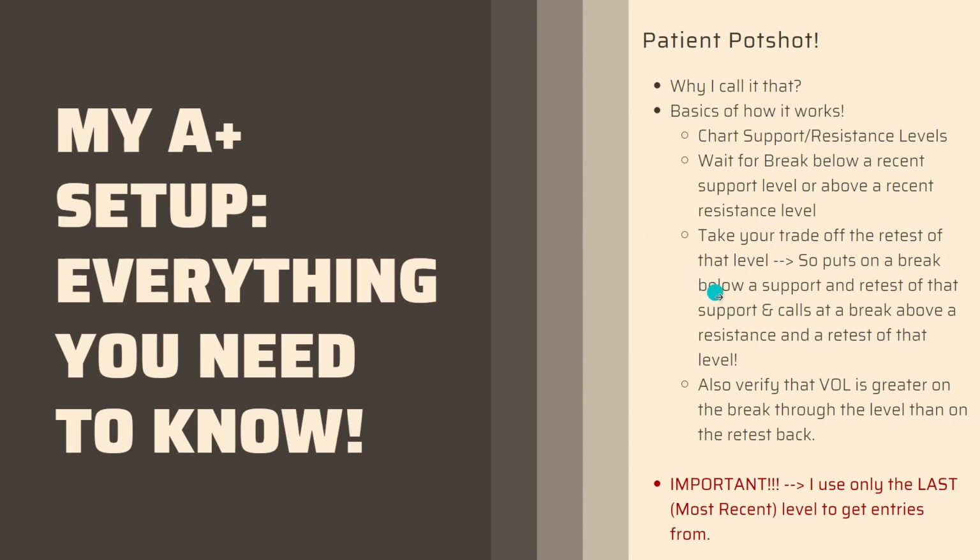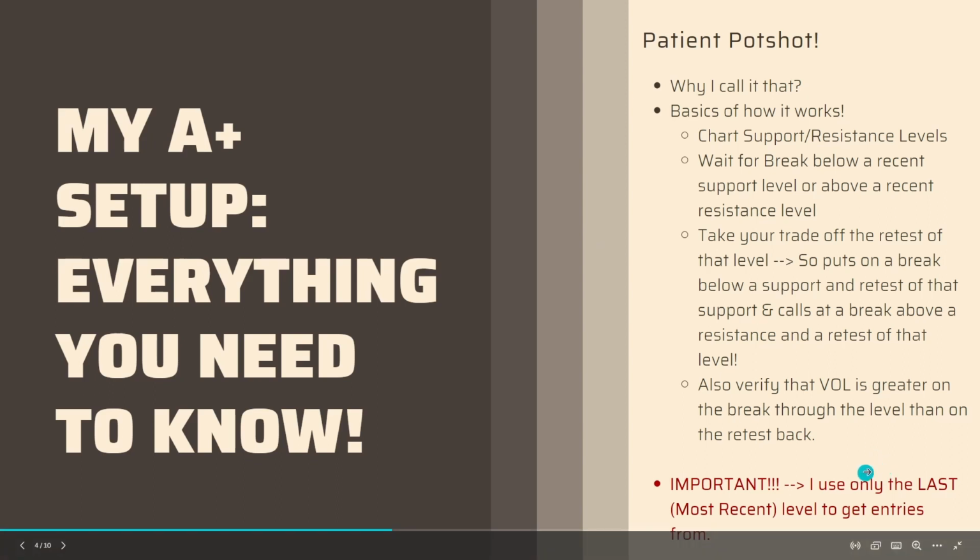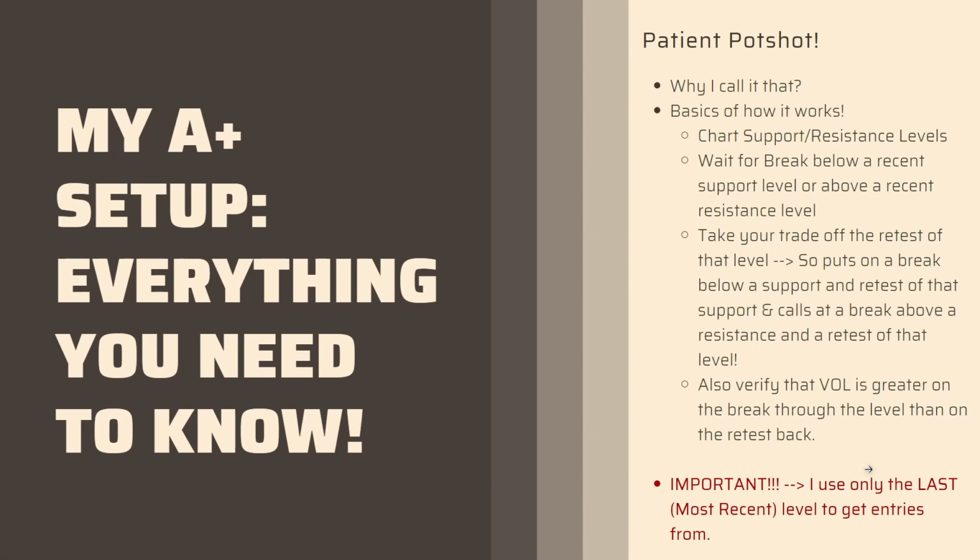So if you don't know what I'm talking about, make sure to go and check the part 1 of this guide. So then what I do is I wait for a break below a recent support level or above a recent resistance level. Then I take my trade off of the retest of that level.